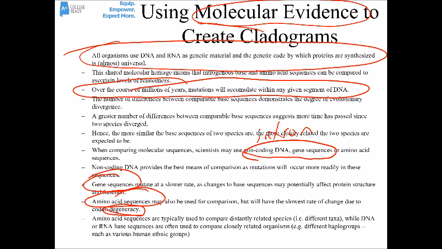So the best way to create a cladogram is to compare DNA sequences. More differences between the nucleotide sequences mean less related. Less differences mean more related. And again, you're going to do an activity in class where you build a cladogram based on both morphology and on molecular evidence. All right, that's it for our evolution discussion.